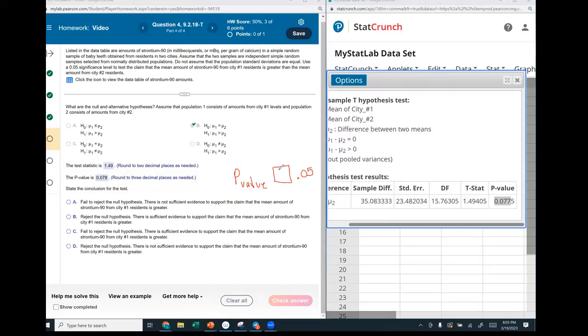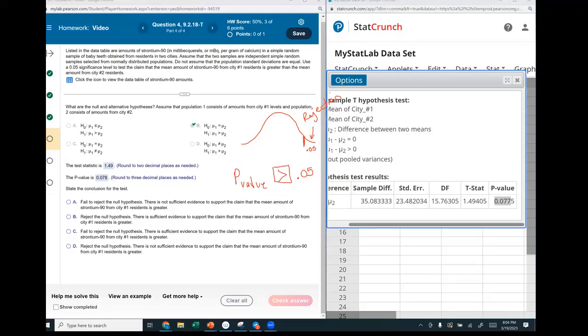So obviously, that's greater than 0.05. If I were to look at it on a curve over here, this is 0.05. This is my rejection area. But I'm not in that area because only things smaller than 0.05 would be in there, and 0.078 is bigger.